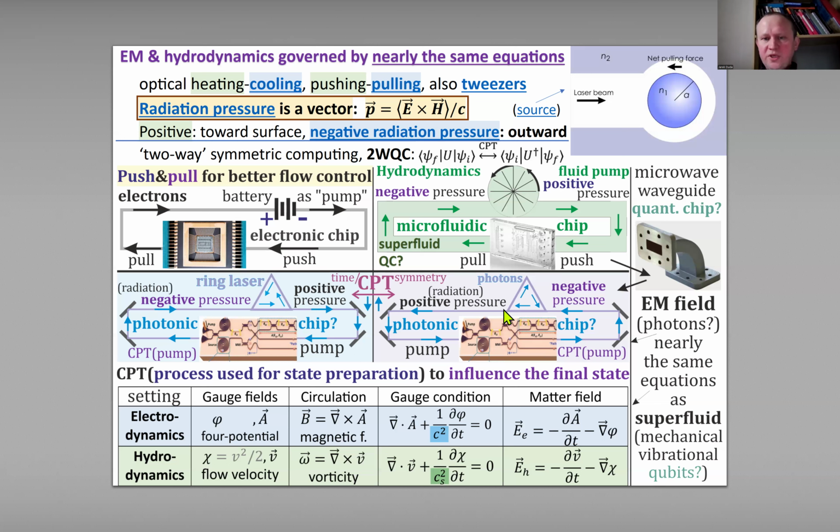Here we inject the photons for state preparation, but from the CPT perspective, we also inject them here, from the CPT analog state preparation. So we both push photons with positive pressure from one direction and pull with negative pressure from the other, or the opposite in the CPT perspective. So the question is, could we create photonic computers controlled from both directions? If so, they would be much more powerful. This is one of the potential applications.